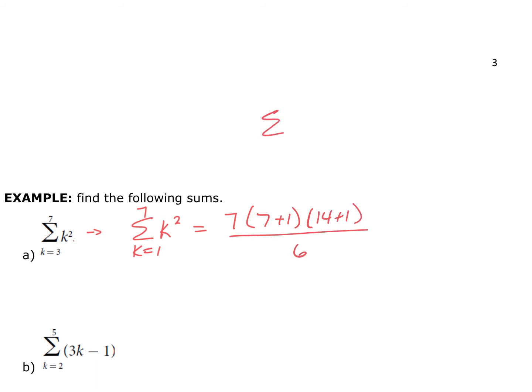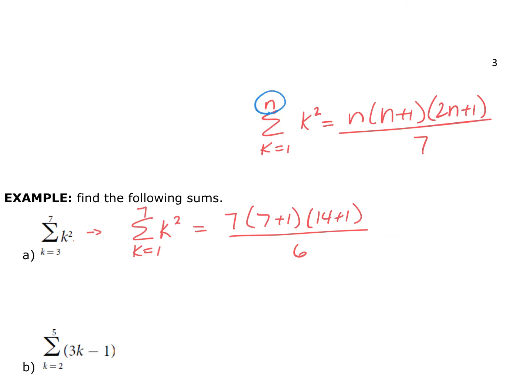So the summation from k equals 1 to n of k squared is equal to n(n plus 1)(2n plus 1) divided by 6. Now remember, this n is my upper index, so if my n is 7, everywhere I see n, I'm going to put in 7. So it's 7 plus 1, and then 14 plus 1.